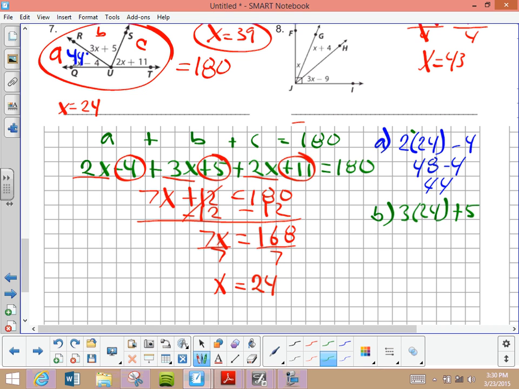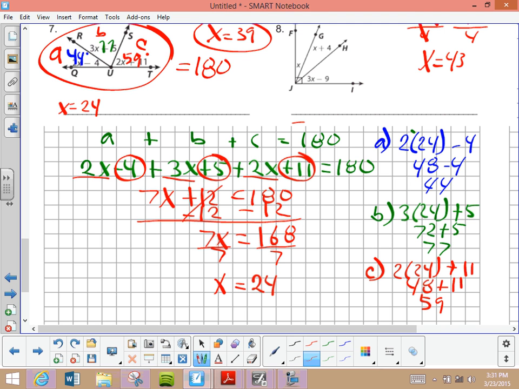That'll be 60, 72. Plus 5 is 77. And then for the last one, C is 2 times 24 plus 11. So it'll be 48 plus 11, 59. If we were to add all of those up, it will give you 180.